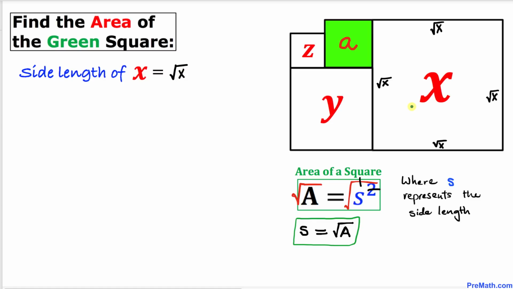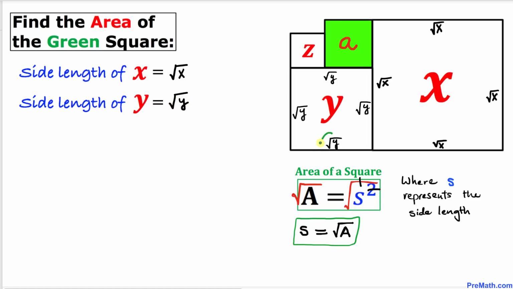Since the square has all equal sides, the side length of this square is going to be square root of x, all these sides. And likewise, let's find the side length of this square, and its area is y, so the side length is going to be square root of y. So all its side lengths turn out to be square root of y, as you can see over here.